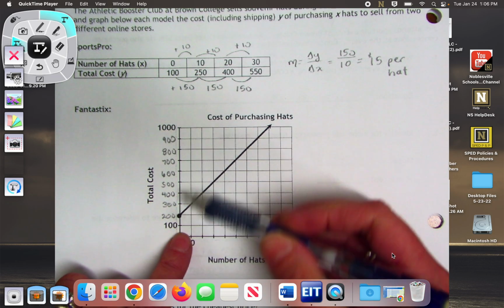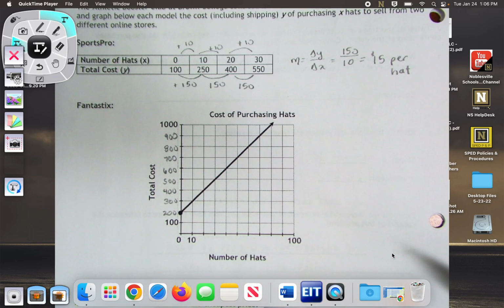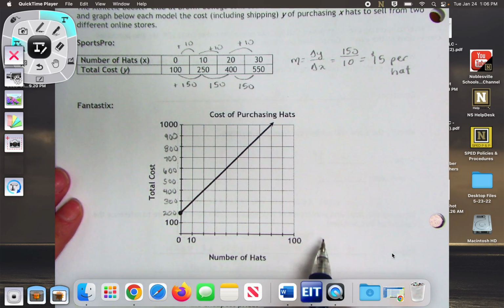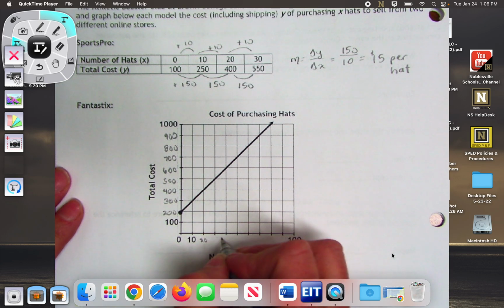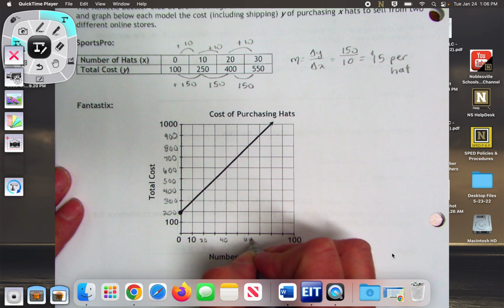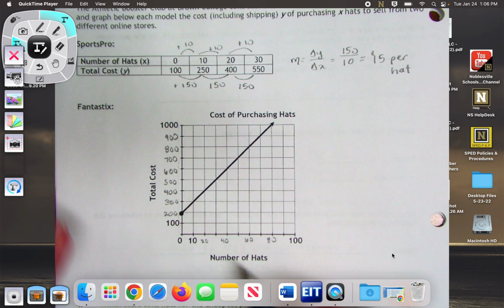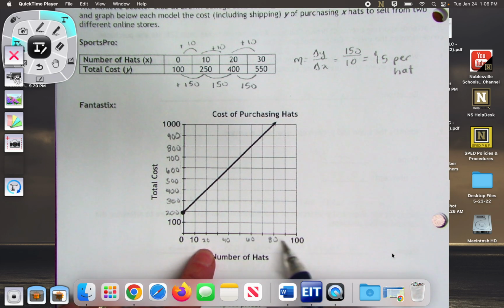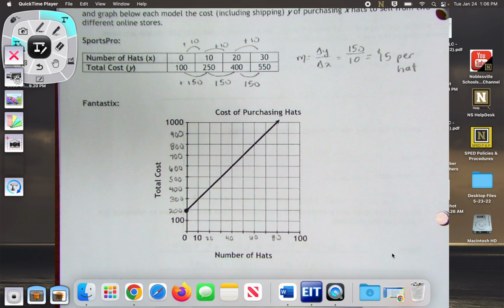Okay, so we've got the total cost here. And then number of hats also goes up by tens. I'm not going to put all of the other numbers in here because it gets a little too scrunched, but we know that this would be 30, 50, 70, and 90.